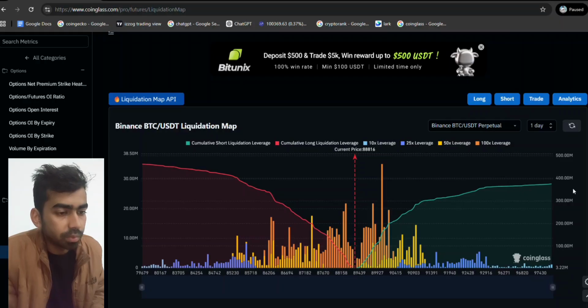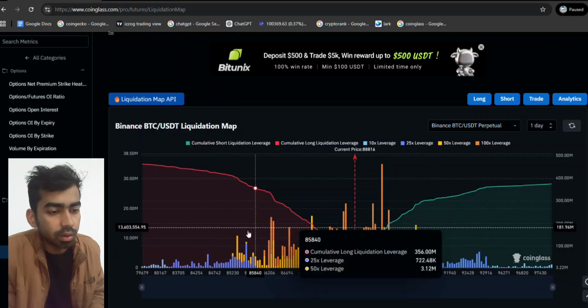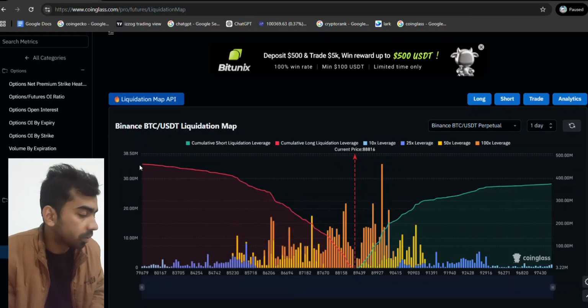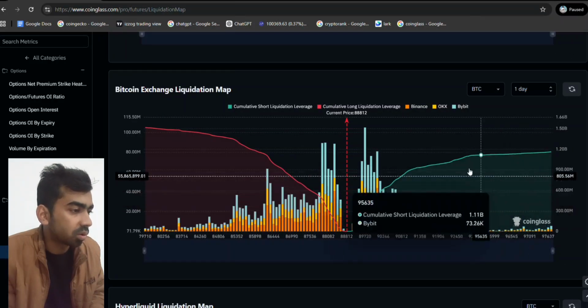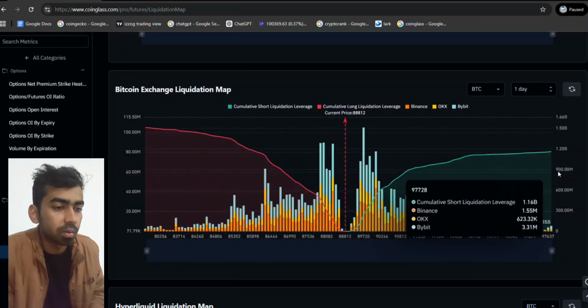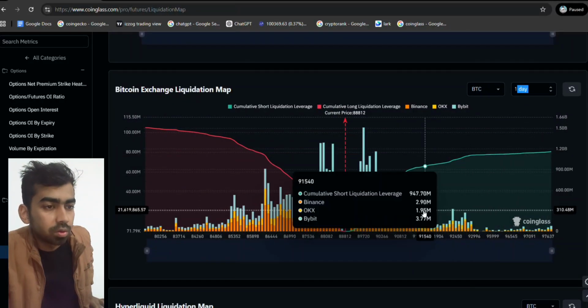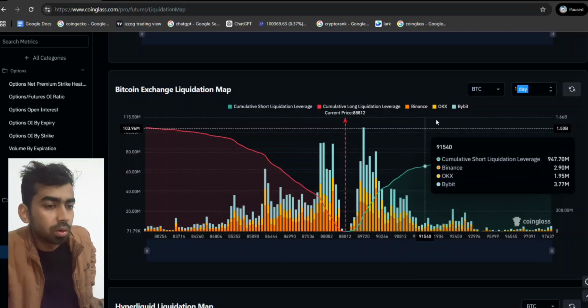If BTC tries to go upside, $400 million will be liquidated if BTC reaches 97,000. And if BTC tries to go downside, the maximum liquidity will be 35 or 40 million, 50 million, versus 400 million. Hope you understand which one is actually good for BTC, you know very well.